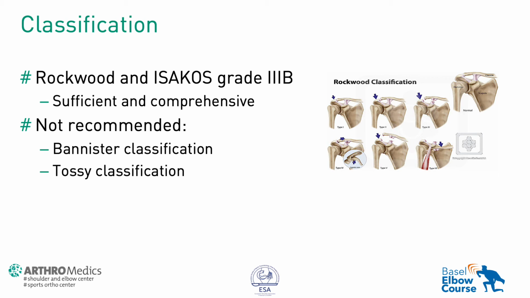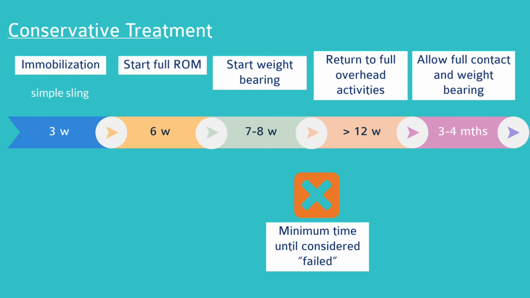So regarding the classification, we agreed that the Rockwood and ESSKA classifications are enough, especially with adding the 3B. And these are comprehensive enough, and most of us know it already. What we do not recommend is the Bannister classification or the TOSI classification, because they're not comprehensive enough and they don't guide our treatment.